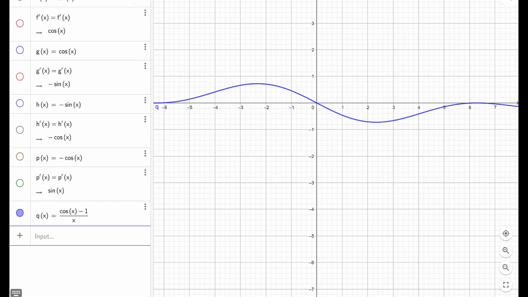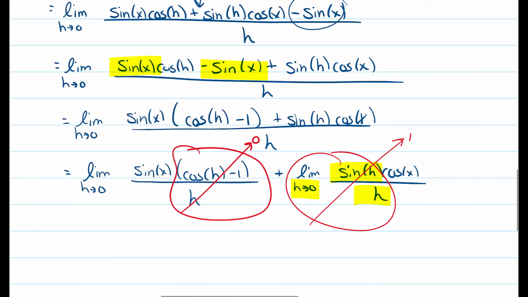So if we look around 0, we can see that the y value here is 0. So 0 times sine of x is just going to give me 0. So I get 0 plus 1 times cosine of x, which is just cosine x. So this is the algebraic proof that the derivative of sine is cosine.